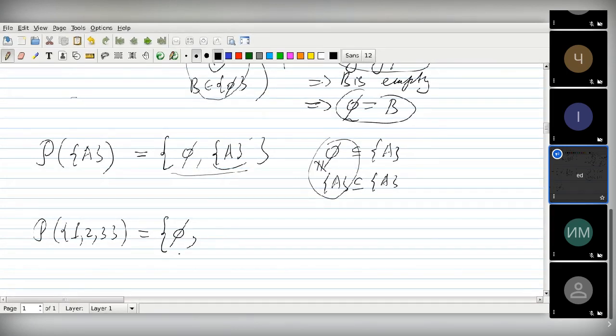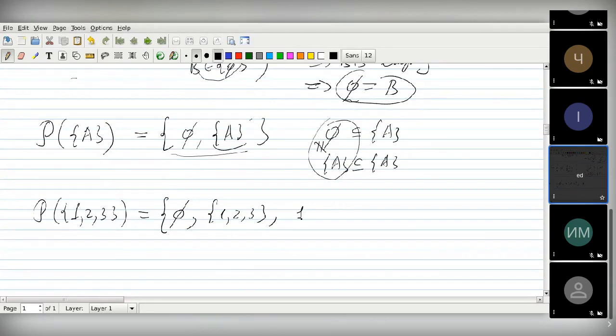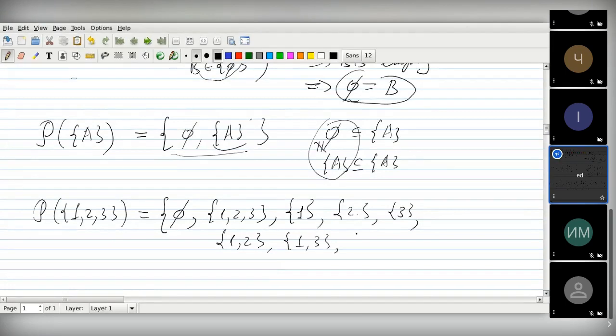What else? The set {1, 2, 3}. Yes, of course. What else? The singleton of 1, and the singletons of 2 and 3. What else? {1, 2}, {1, 3} and {2, 3}. Yes.